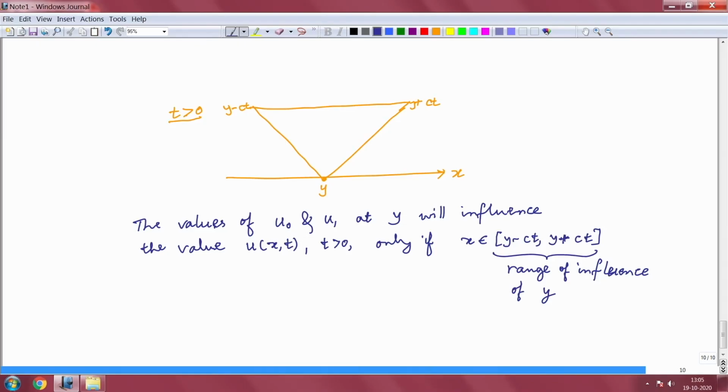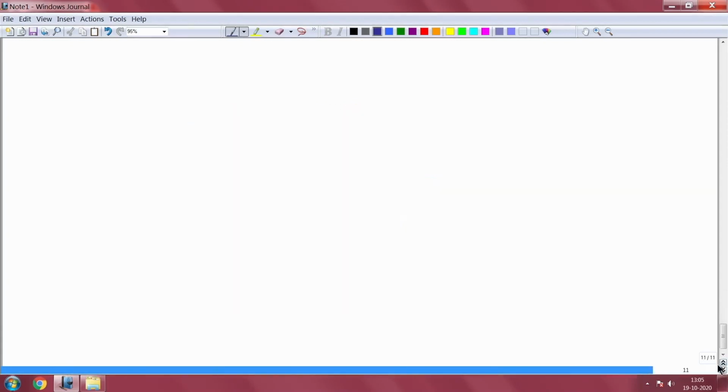And now, if you combine these two, that is what we get next. Instead of taking one single point, you take an interval. This is another concept, the domain of determinacy.